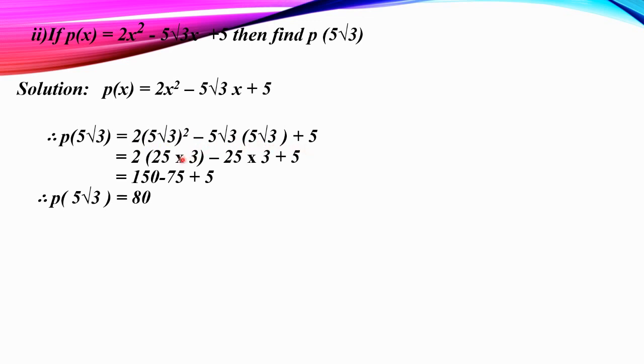So here we get 2 into 25 into 3 minus again 5 into 5, 25 into 3 plus 5. So we get 2 multiplied by 25 into 3 is 75, which will be 150 minus 75 plus 5. So 150 minus 75 will be 75, plus 5 will be 80. Therefore, p(5 root 3) is equal to 80.